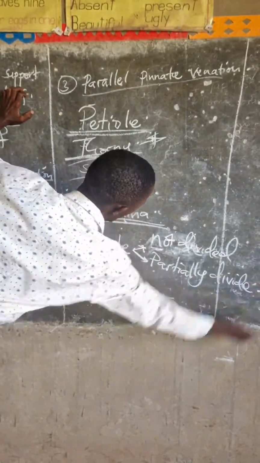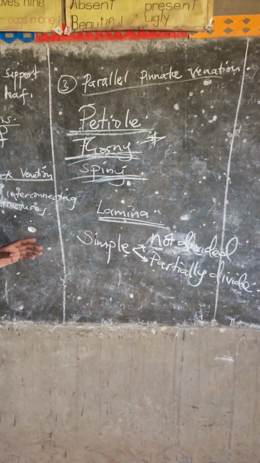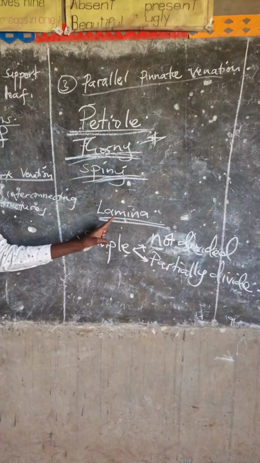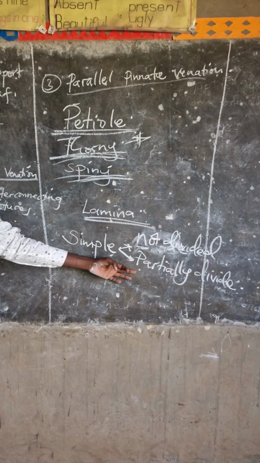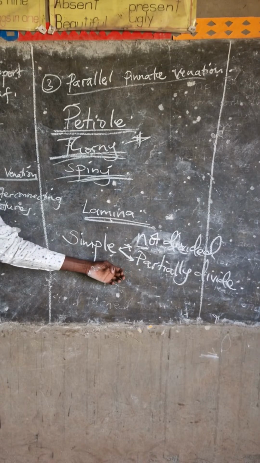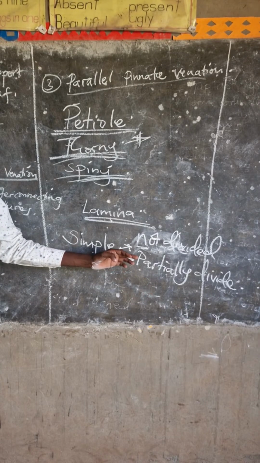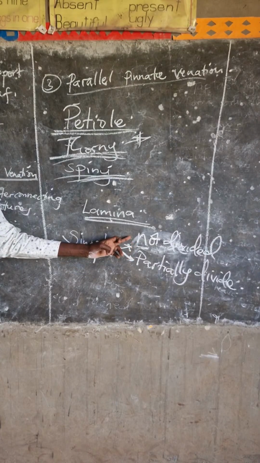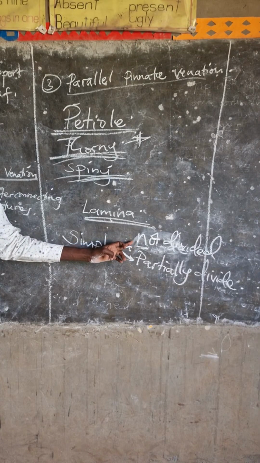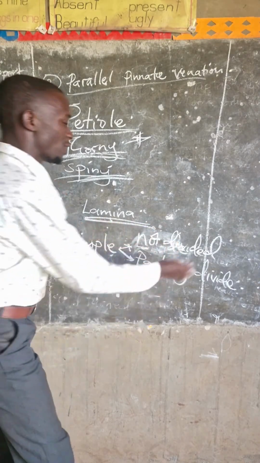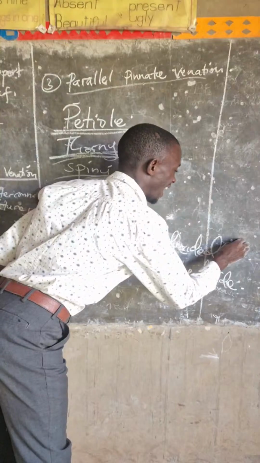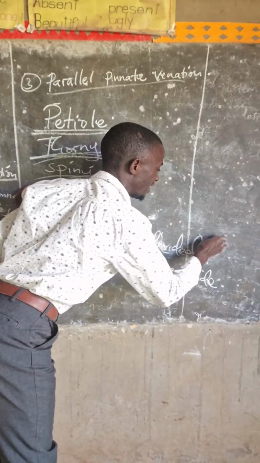So for any leaf to be called a simple leaf, the lamina is either not divided or partially divided. Let me give examples. For a simple leaf with the lamina not divided, that kind of a simple leaf is known as a simple entire leaf.